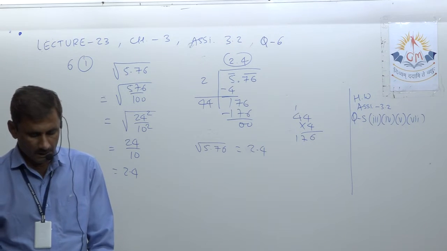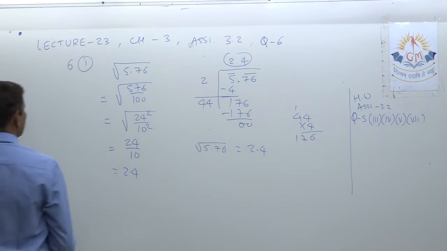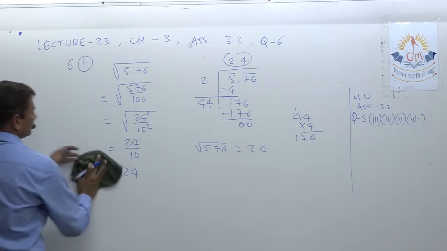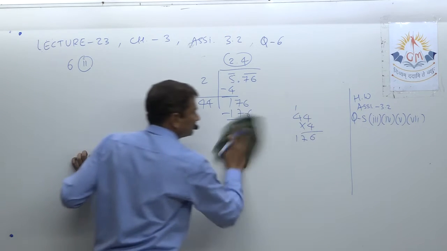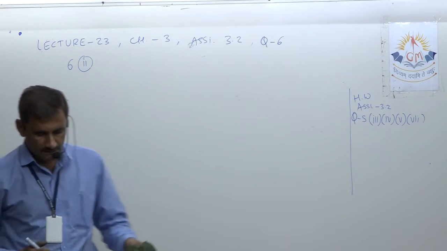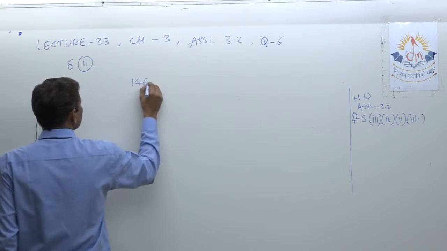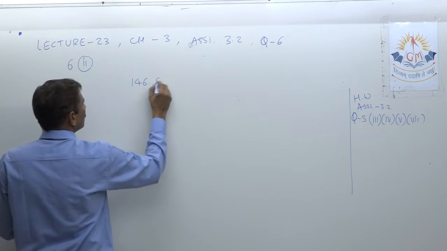Okay. Now look at the next, second number. It is given 146.8944.